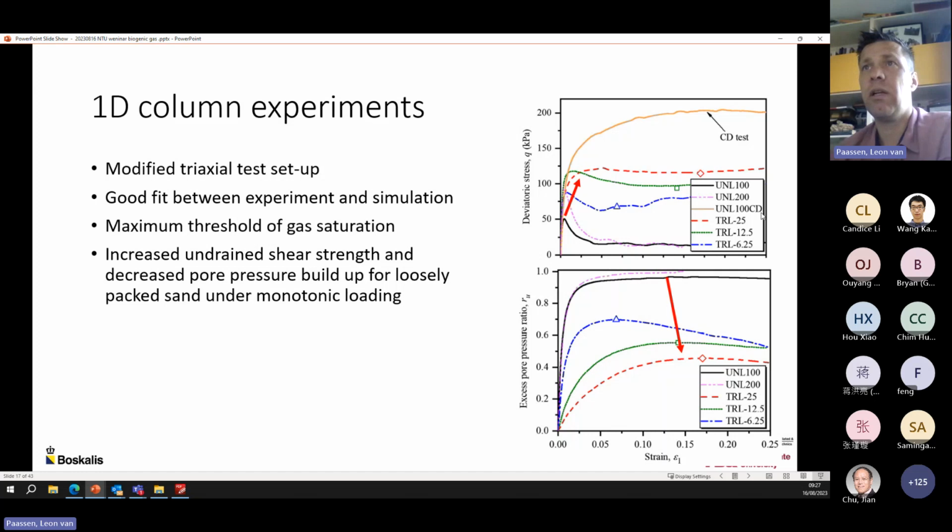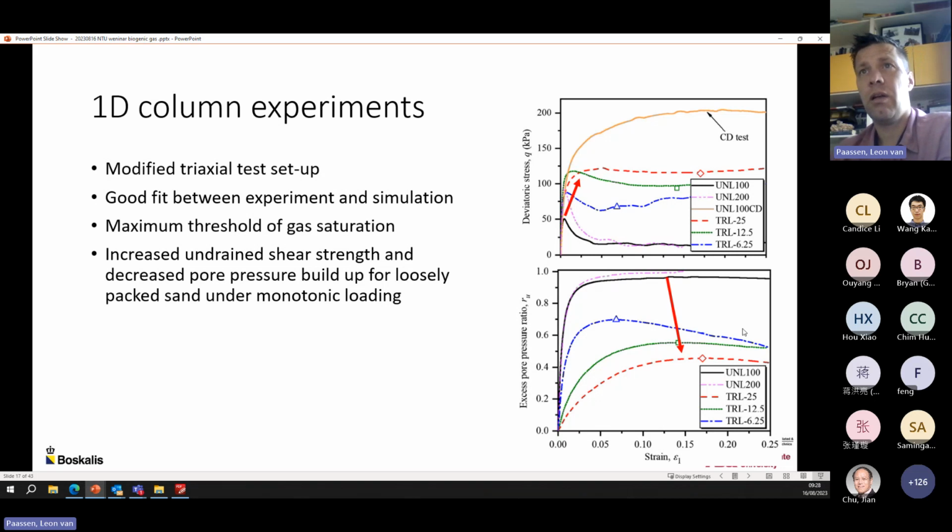This is a consolidated drained triaxial test, and this is an untreated undrained test. By introducing gas in the pores, you convert behavior from undrained to a more drained-like behavior, because the gas takes up the pore pressure, and the pore pressure will not build up, as it would not in a drained test.